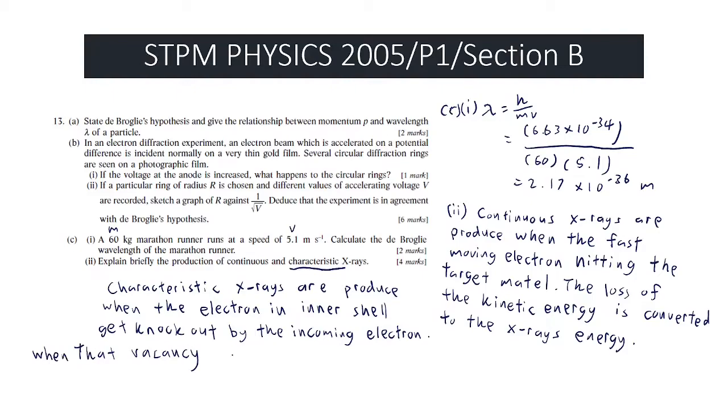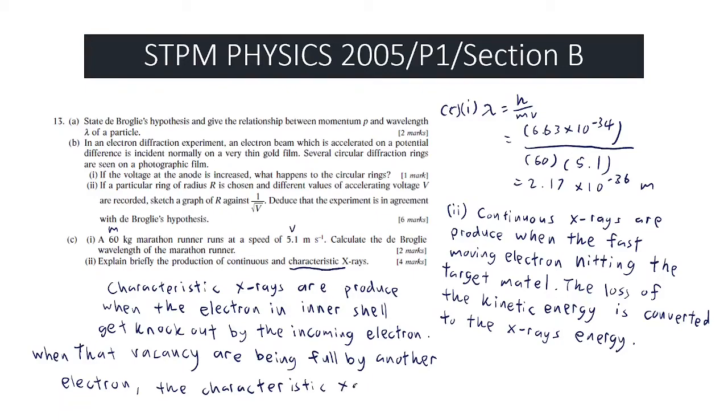When that vacancy is being filled by another electron, the characteristic X-ray is produced.